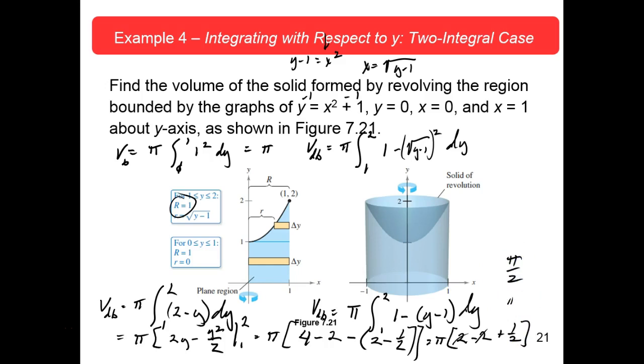Is that right? Yes. Then you add it to the base, and you get pi plus pi over 2 is how much? 3 pi over 2. 3/2 pi. Yes, that's what they got.